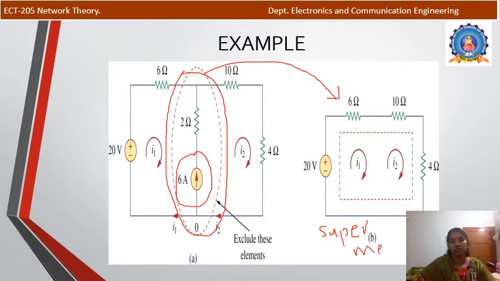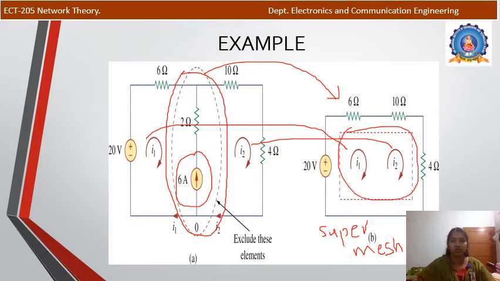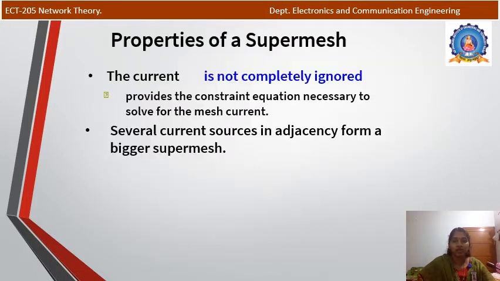Okay. So in the super mesh, we will take the currents I1 and I2, that is, from the previous meshes. Right. The same I1 and the same I2. And we write the equations for this super mesh. Super mesh means we take the large mesh. That is why it is known as super mesh, right? So when we are writing the equations, this will be like this.